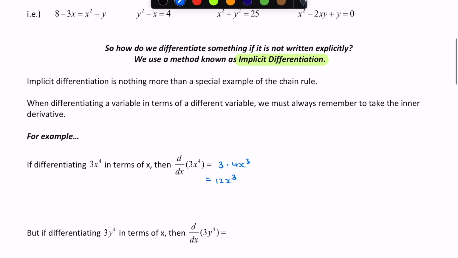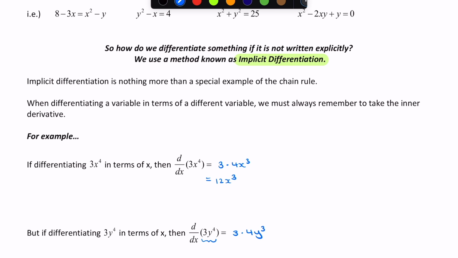But if we're differentiating 3y to the power 4 in terms of x, then d over dx is equal to 3 times 4y to the power of 3.